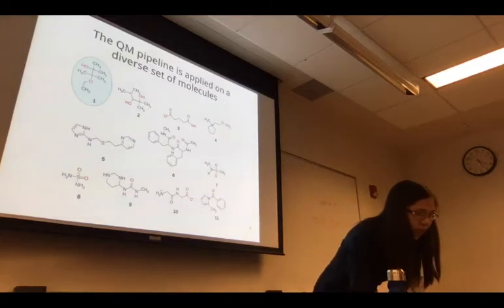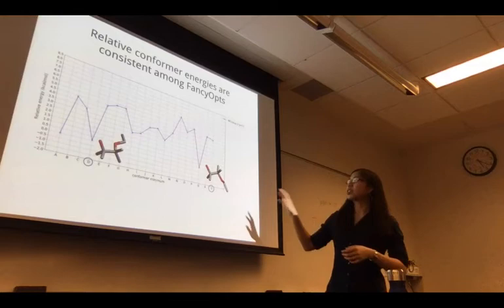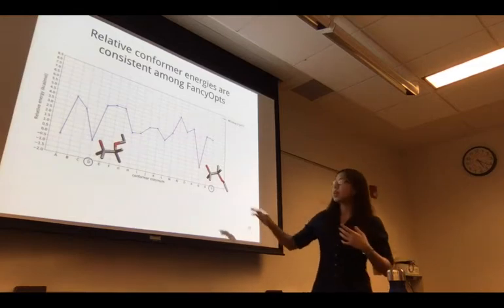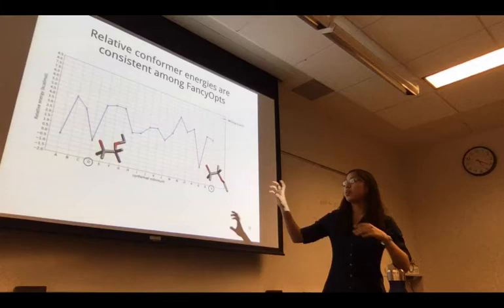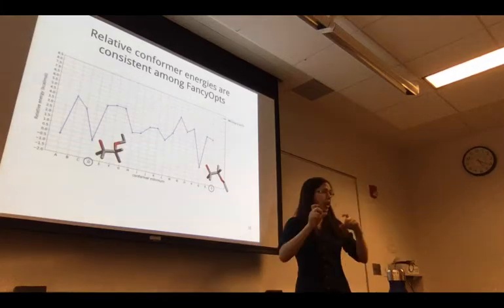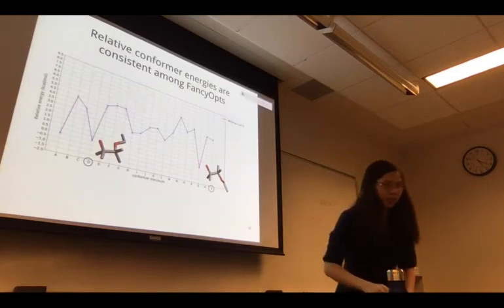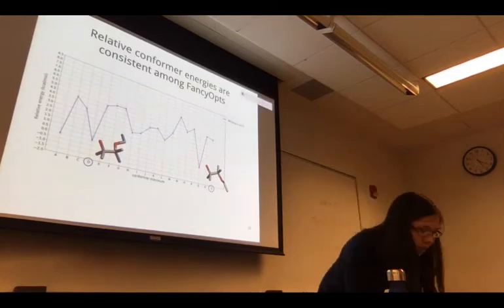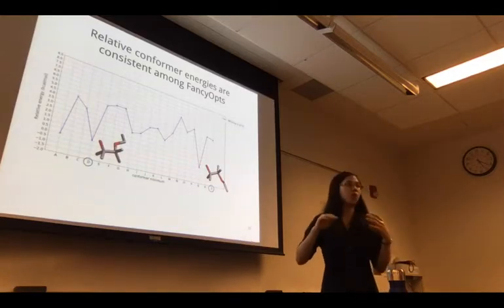I'm going to focus on the first molecule, which we saw earlier. Here, these are the same conformers that you've seen, and we see that D, the one that has that intramolecular hydrogen bonding conformation, is indeed lower in energy, and S is the one that is higher in energy.